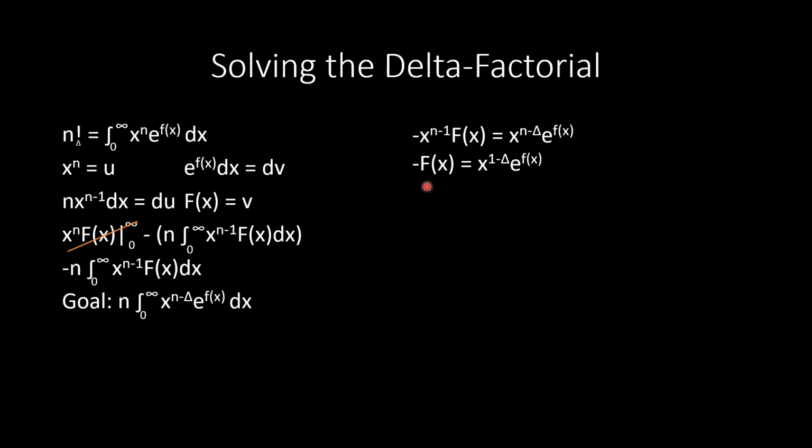Now, remembering again that this big F of x is the integral of e to the f of x, by deriving, we will get this e to the f of x back. And since on the right side, everything is derivable for our notation, we might as well do so.